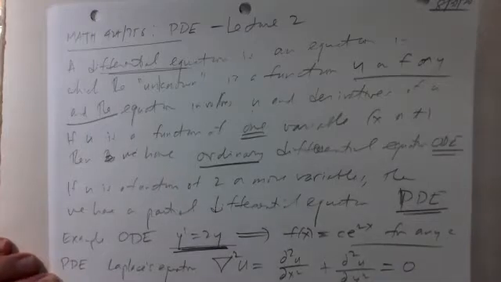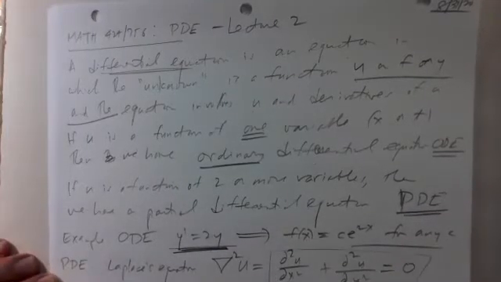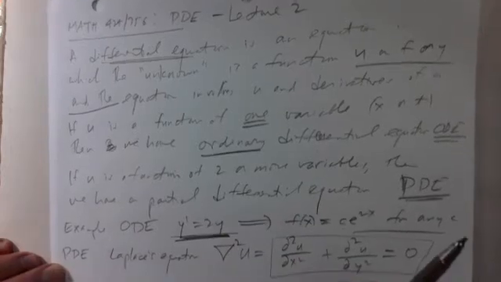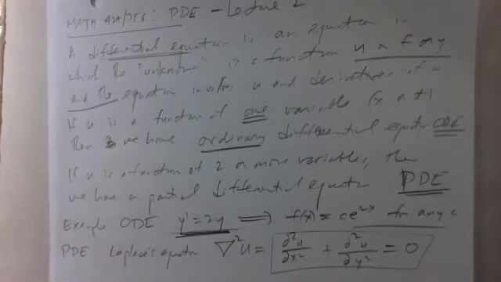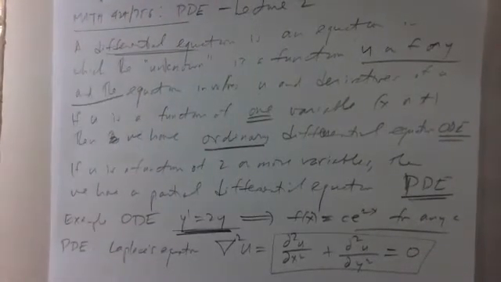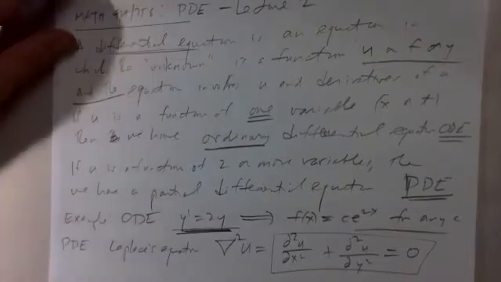That's the equation. Find a function u of two variables, x and y, where the second partial of u with respect to x plus the second partial of u with respect to y is equal to 0. If you are a physics major, as a couple of students in this class are, then you've probably seen this equation many times.